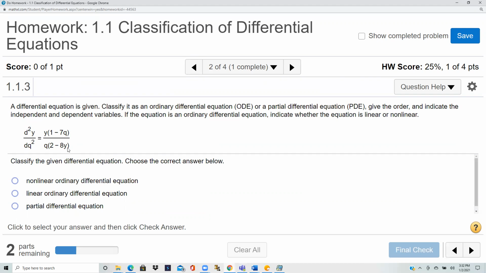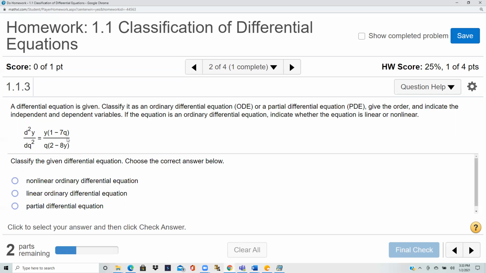And this term cannot completely cancel out with what we have on the top. If it did, then this would be linear. But because there's this y term sitting in the bottom, which cannot be written as a power of 0 or 1, because it comes up as a power negative 1.